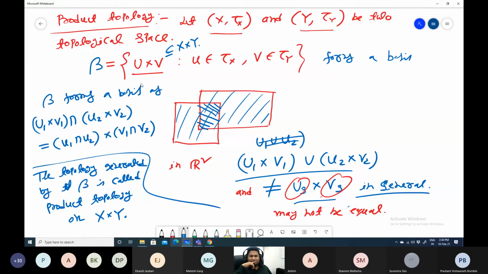Any guess? If beta 1 is a basis and beta 2 is a basis, then if you take U from beta 1 and V from beta 2, this beta also forms a basis for the topology.